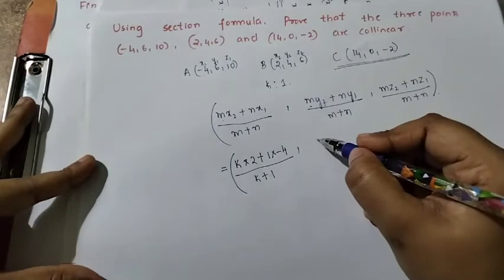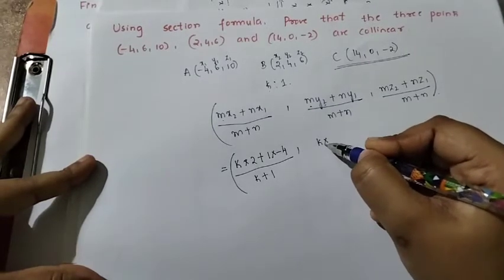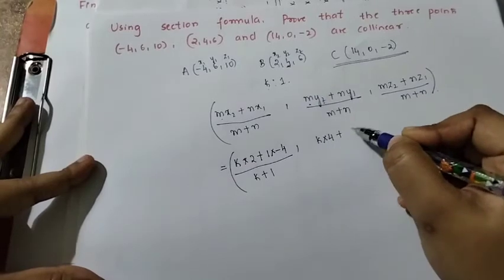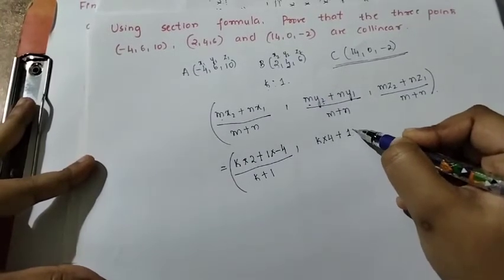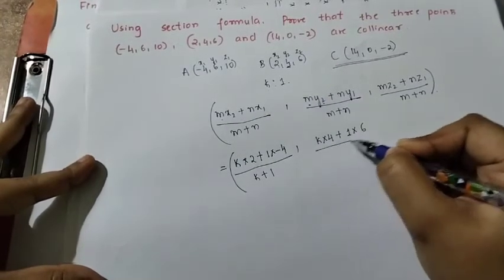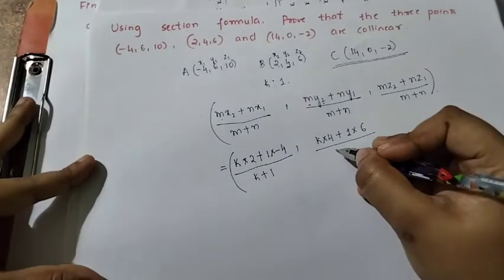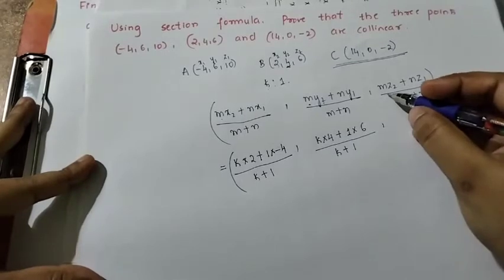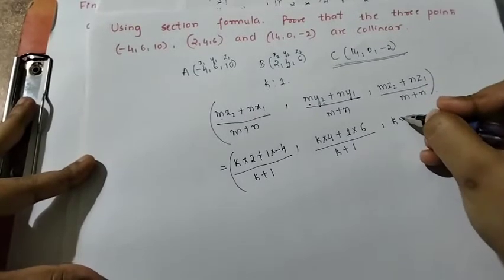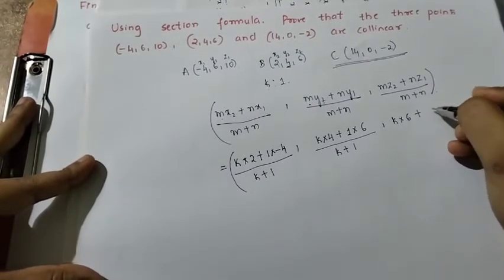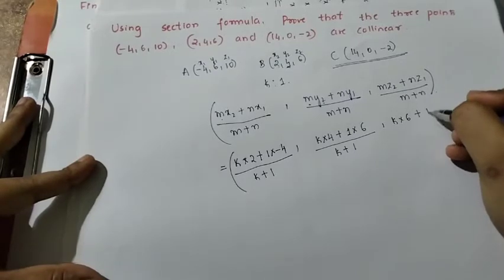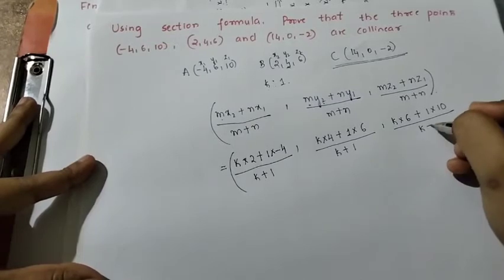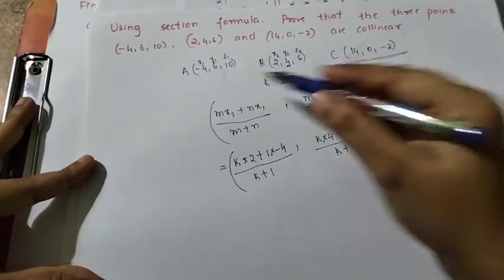So m value is k into y2 value, which is 4, plus n, it is 1 into y1 value 6, divided by k plus 1. Next, m value is k into z2 value is 6, plus n value is 1 into z1 value 10, divided by k plus 1. Okay, by taking what?